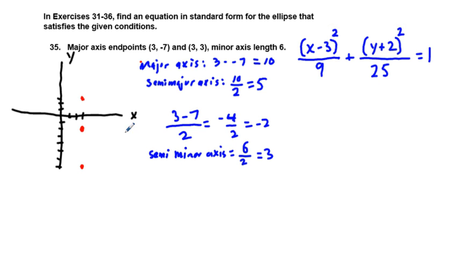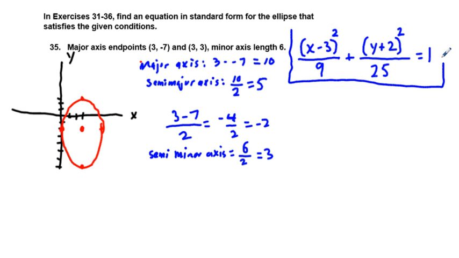And so just to round out the sketch, we're going to go to the left 3 and to the right 1, 2, 3. So this is what our ellipse is going to look like. I drew it not to scale tremendously well, but well enough to see this correct answer. So this is going to be our equation, problem number 35.